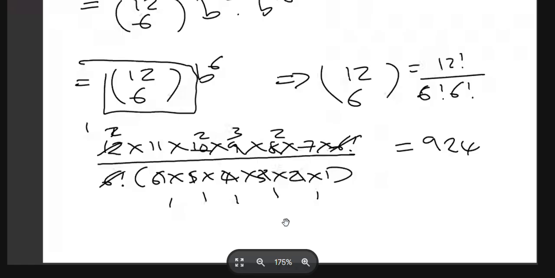I'm finding 924 also. Where is the 264 coming from? Yes, 924. So the coefficient is 924.